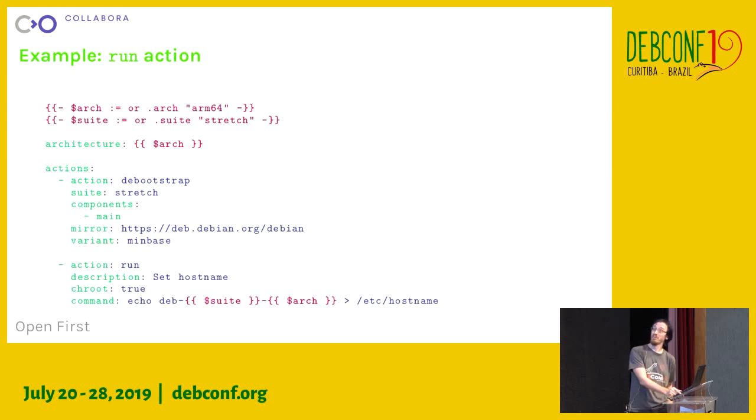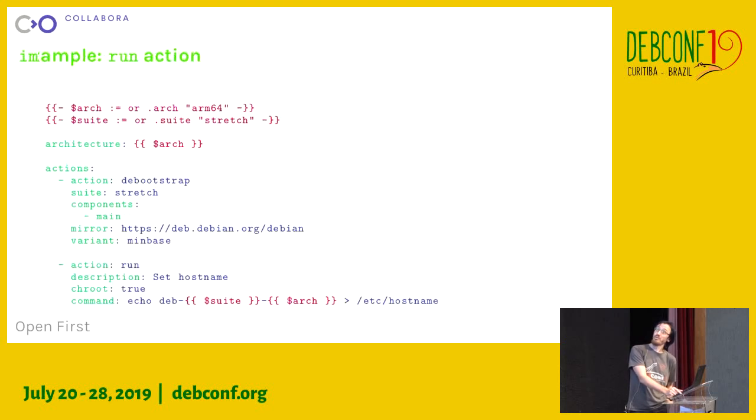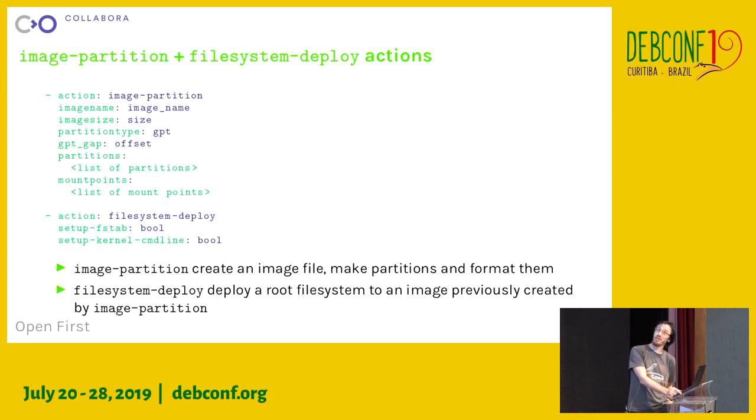Another example, setting the host name inside of the image. More actions to set up image partitions and file systems. This is one of the things where Linaro image tools didn't work well for us because they would use loop devices for this purpose.